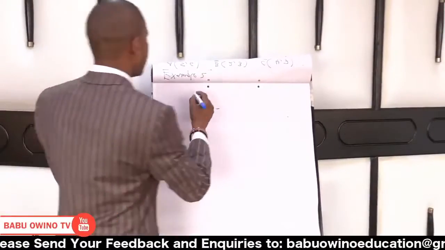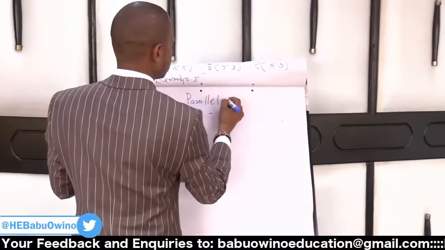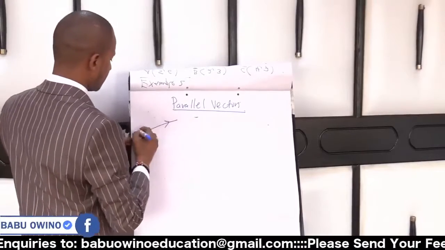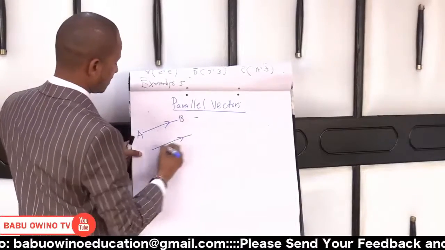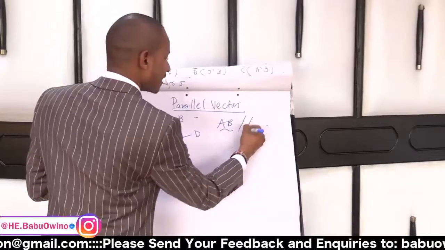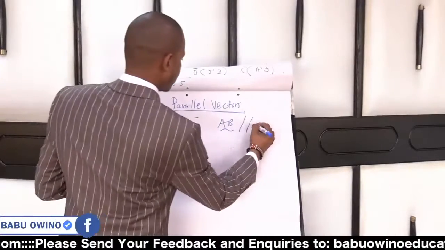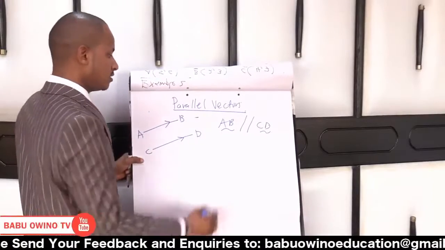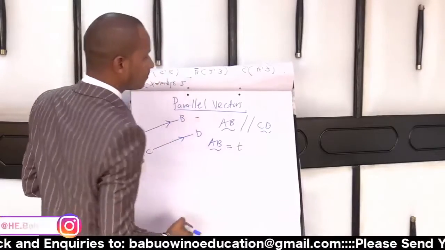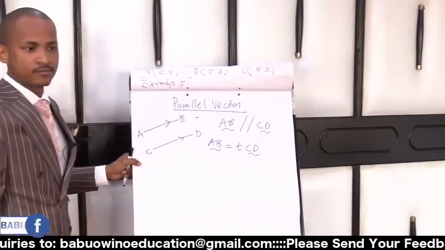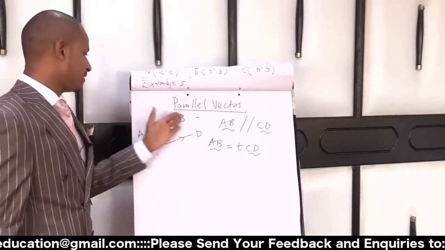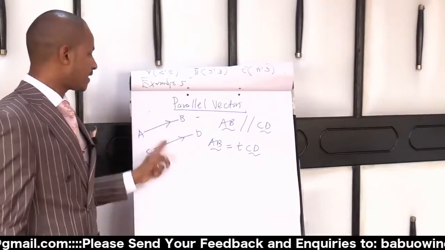Then we talk about parallel vectors. If you are given two vectors, AB and CD, vector AB is parallel, that is the sign for parallel, to vector CD.